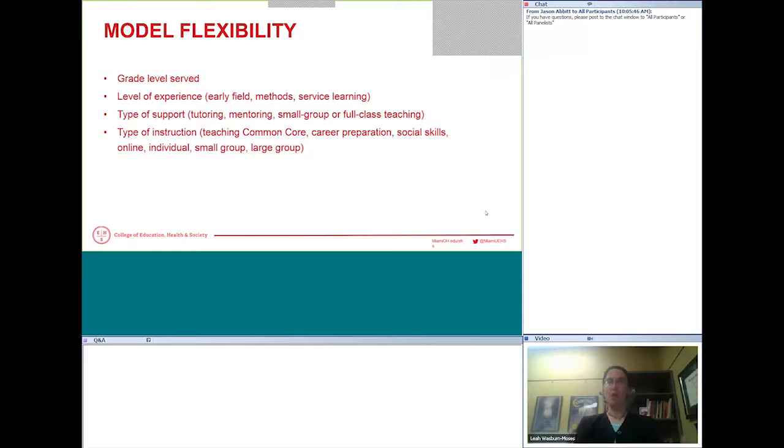Some of you had already mentioned looking at the different types of field placements this could be. And as I said, there's not really a reason that we picked the initial entry level as our placement. It was just something that we needed at Miami University, but there's no reason why it couldn't serve in some of these other roles.